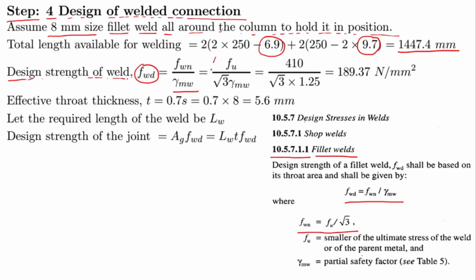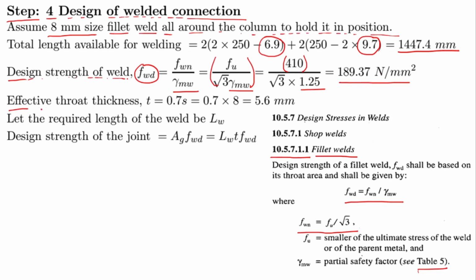So finally this will be the expression for the design strength of the weld. If I put the corresponding values, ultimate stress fu is 410 Newton per mm square, then gamma mw, the partial safety factor from table 5, is 1.25. So finally the design strength is calculated as 189.37 Newton per mm square.